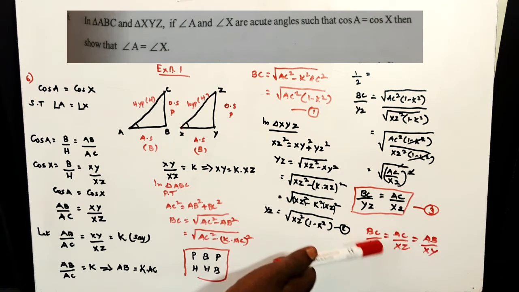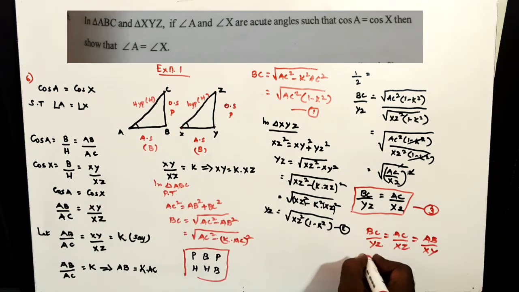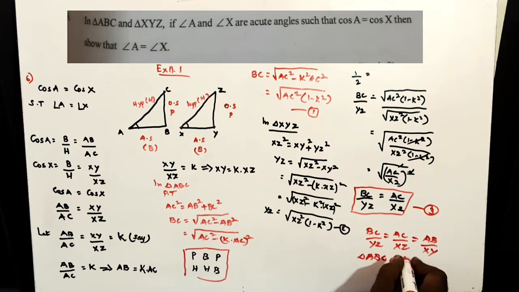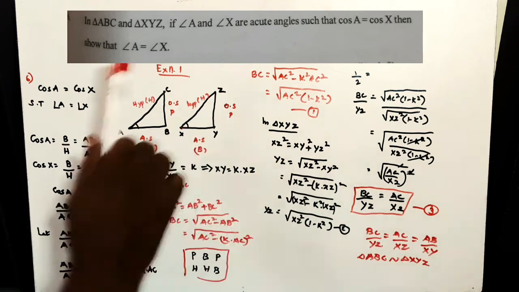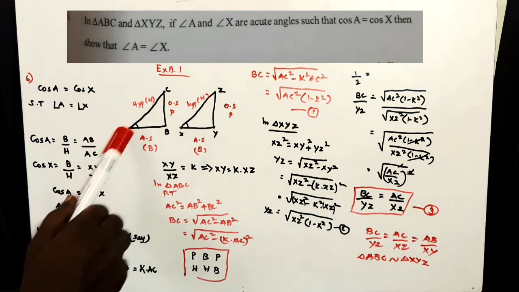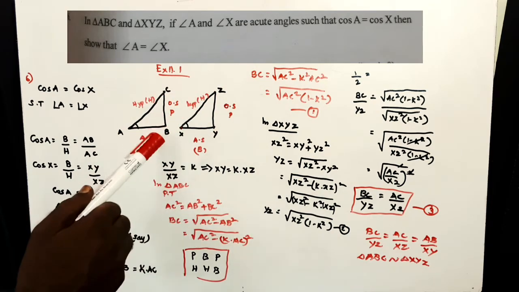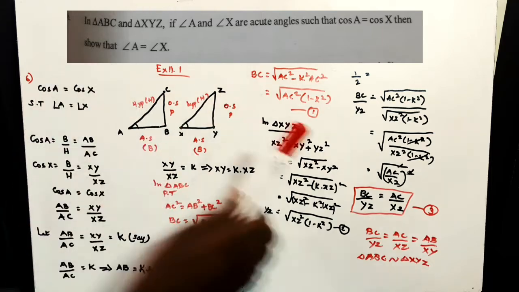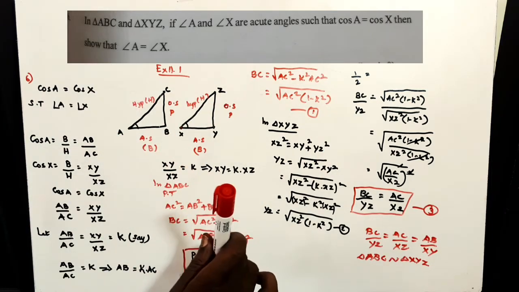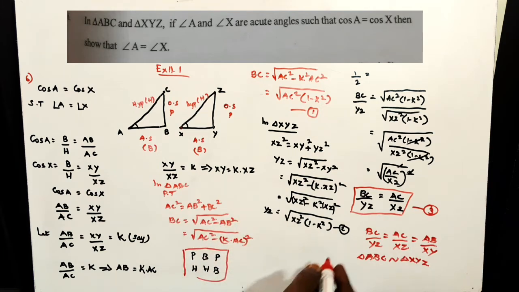These are the three sides of both triangles. So we can say triangle ABC is similar to triangle XYZ, with corresponding sides AC to XZ, AB to XY, BC to YZ. If the three sides of the triangles are in proportion, then their corresponding angles are also equal.